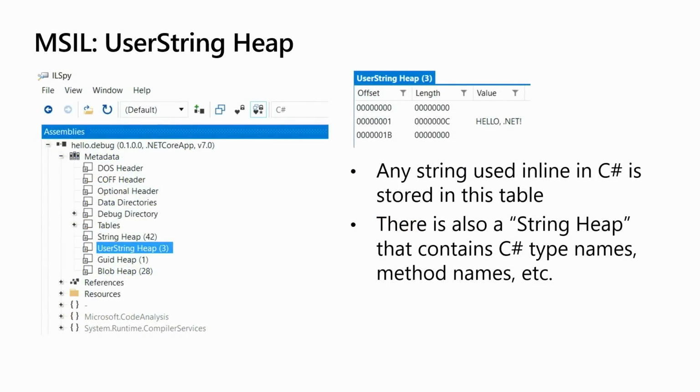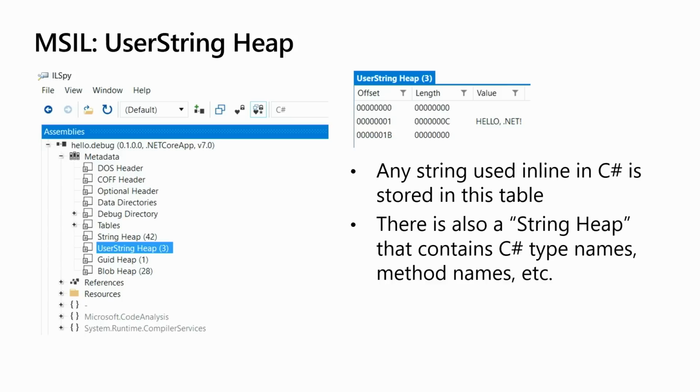So let's look at the .NET side. This is a screenshot of ILSpy, which is still my favorite tool for looking at assemblies. And you can look at all the C# code inside. So there's a tree view. You can open the namespaces and see what's inside. And the code that you'll see in there is backed by these tables that are under the metadata folder. So for example, there's a user string heap, which is what we're mostly interested in.